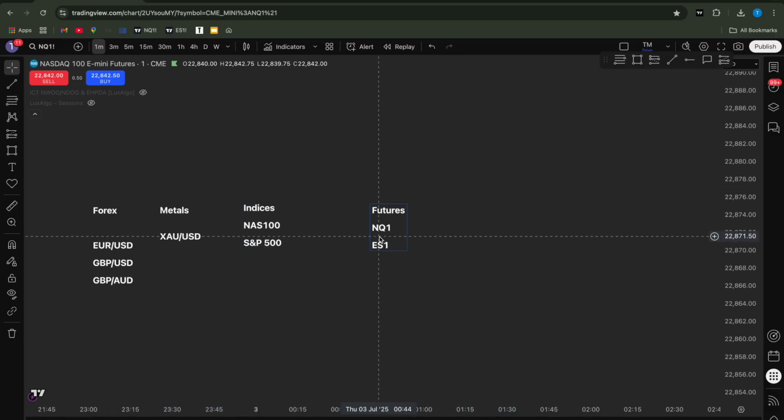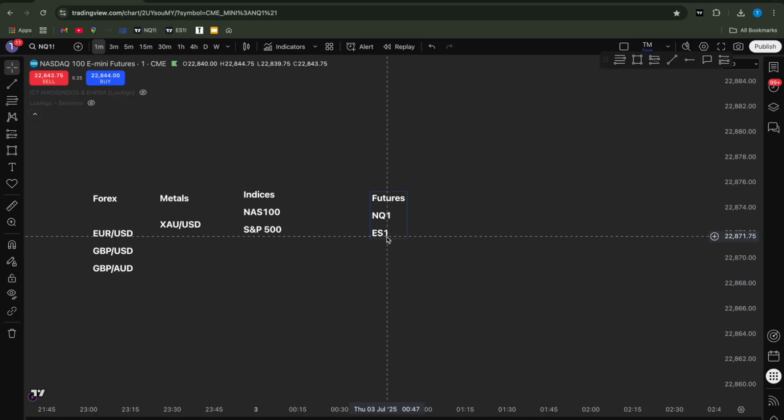You enter a position, and if you believe the futures contract for NQ1, the top 100 American companies, is going to rise, then you buy. ES1, same thing: if you believe the top 500 companies' prices are going to rise collectively, then you buy.